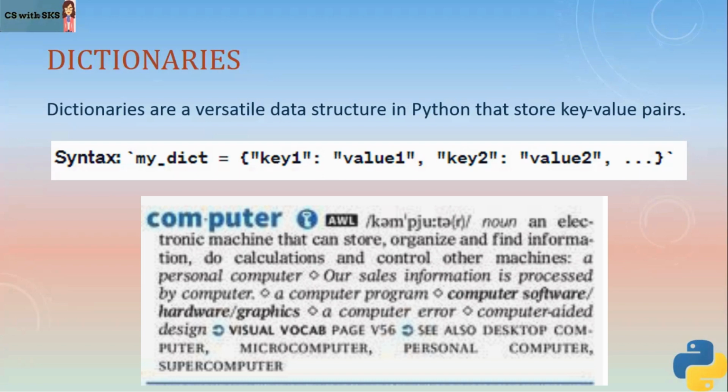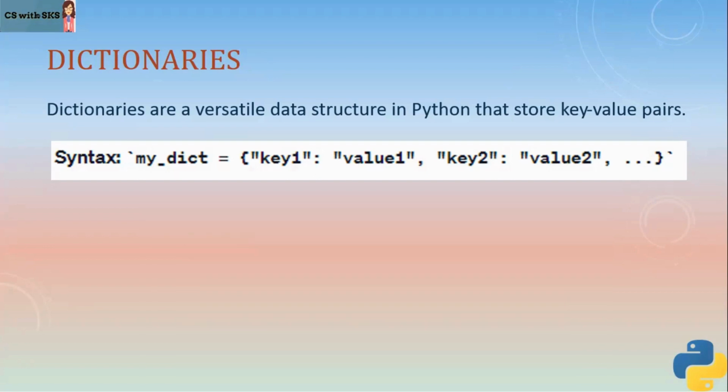So there is a term and its meaning to it. So same thing is applicable in dictionaries. There is a key and every key has a value associated with it. So each individual data item in dictionaries has a key and a value associated with that key. I hope it is clear.